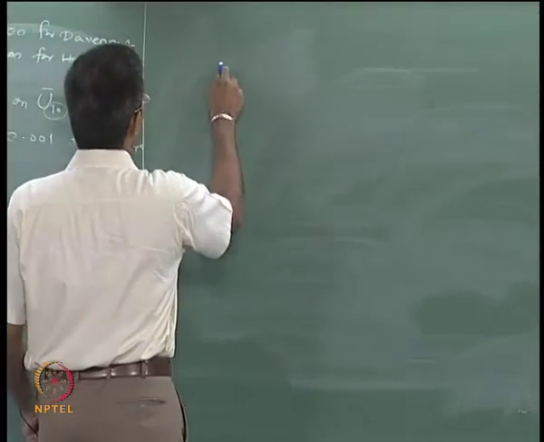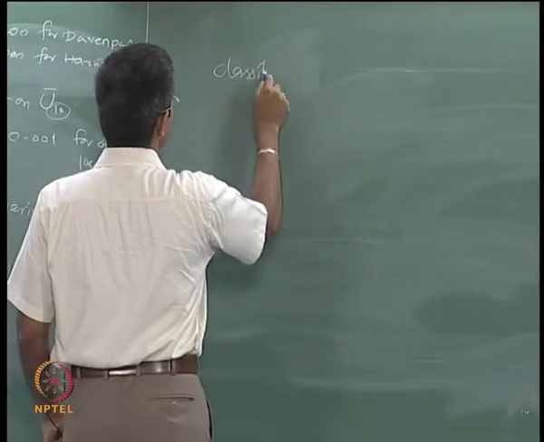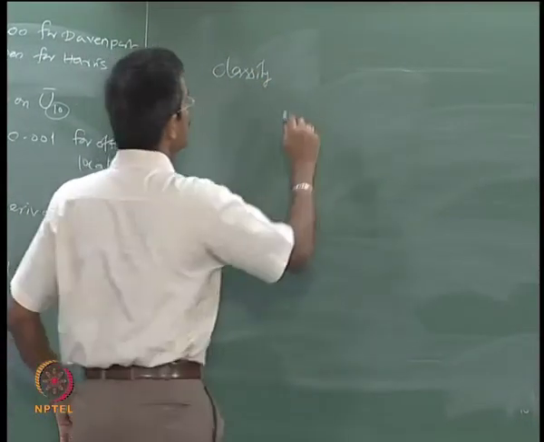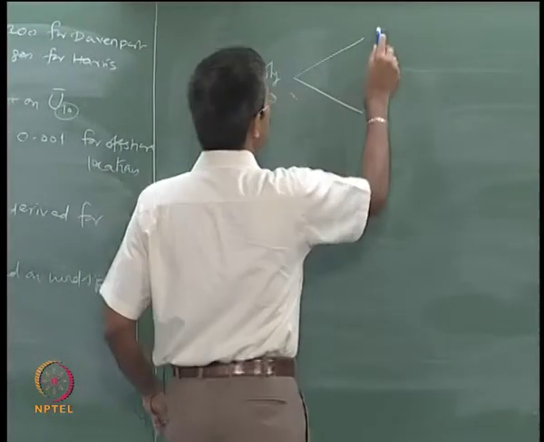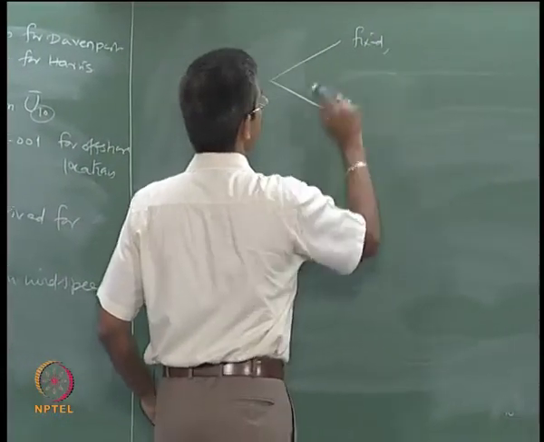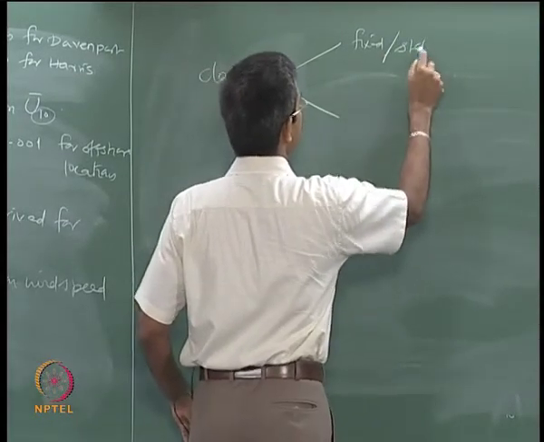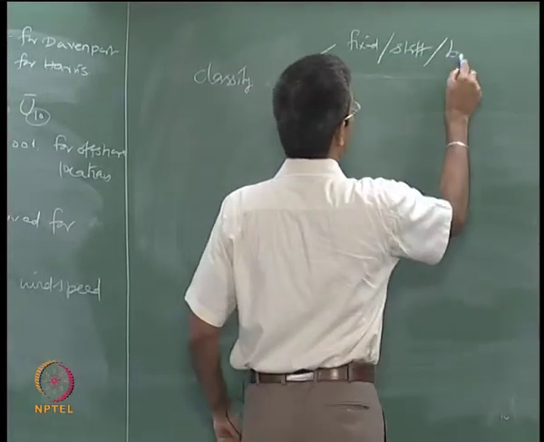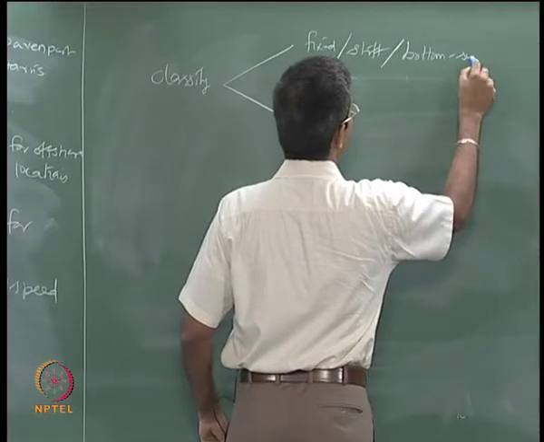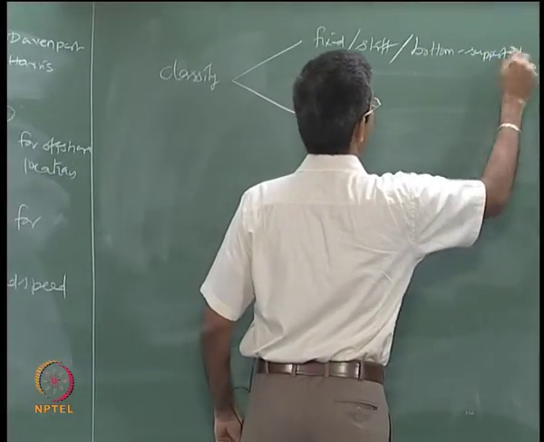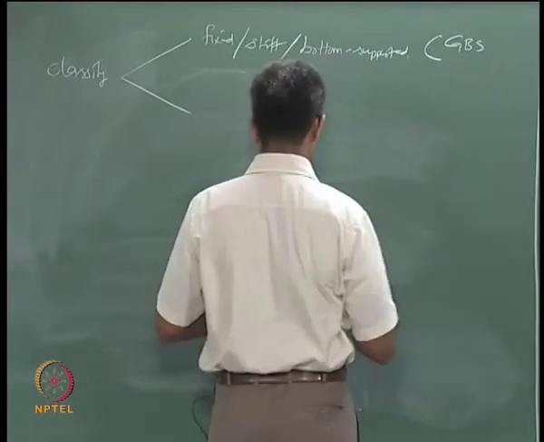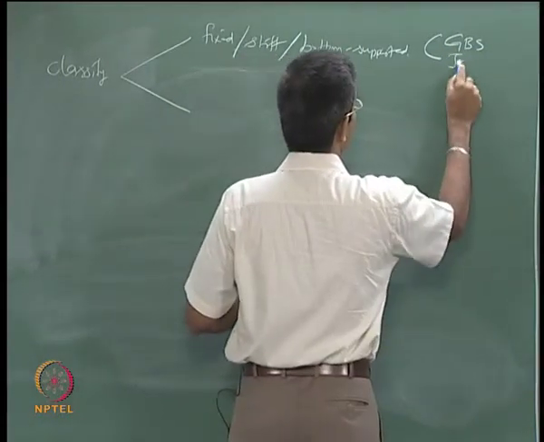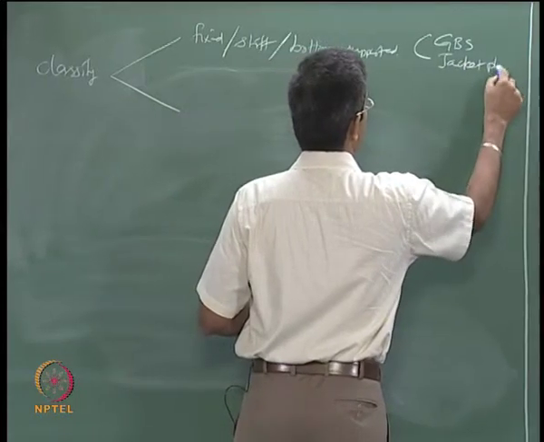We can classify marine structures into two divisions. One is what we call fixed structures, you may say stiff structures, or bottom supported structures. Examples can be gravity based platform, jacket platform, etc.